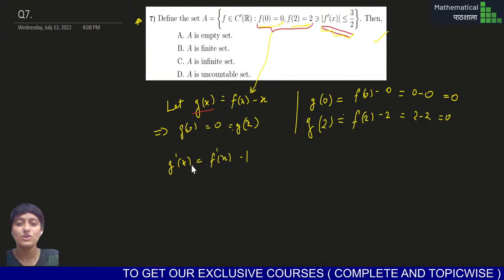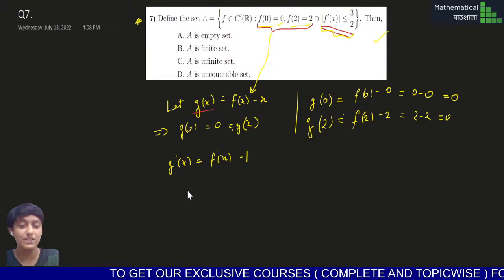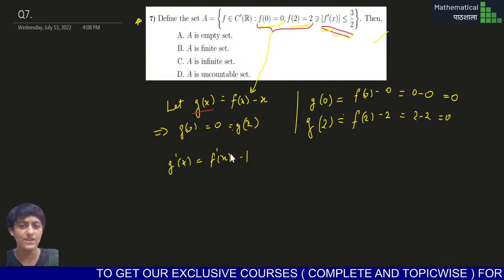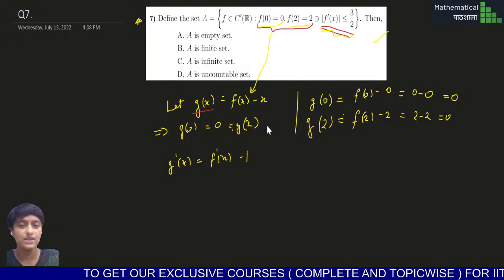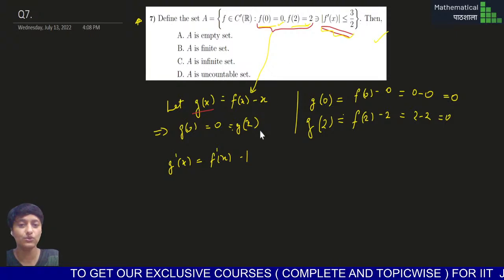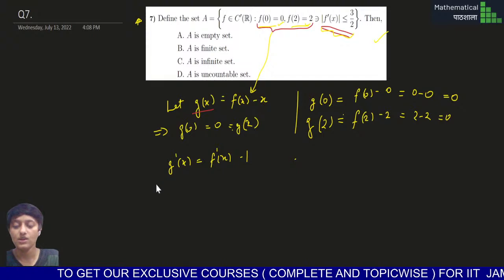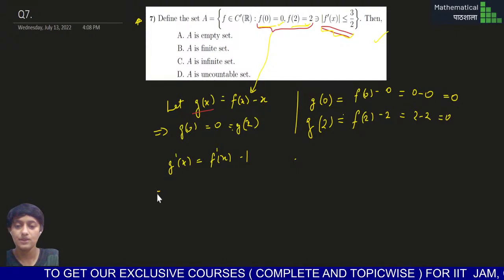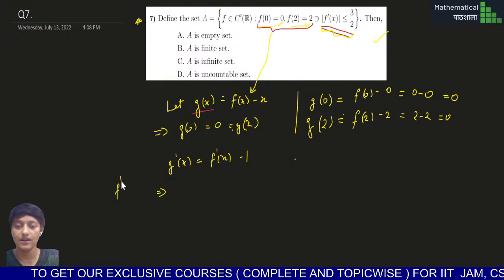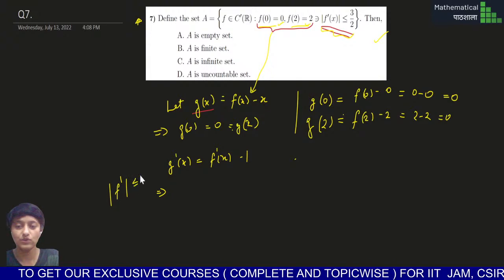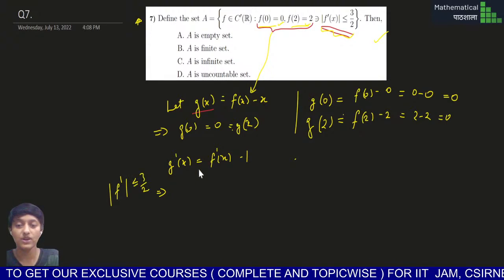Okay. So g'(x) is f'(x) minus 1. We know the absolute value of f'(x) is less than or equal to 3/2. So what does this imply?